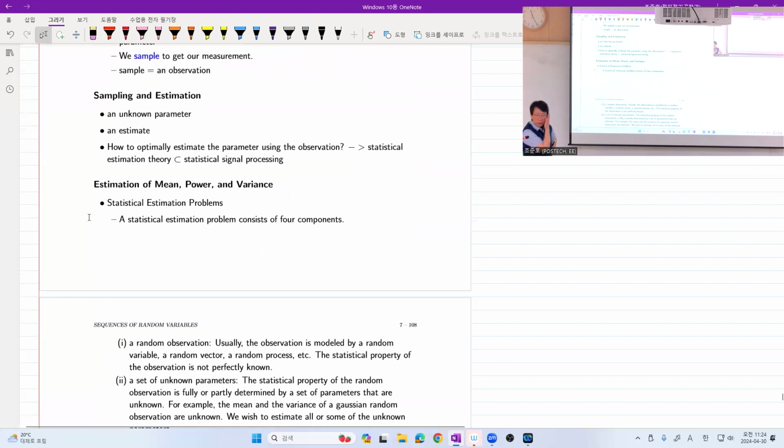Now, then in statistics, why do we sample? As I told you, we want to guess. We want to infer something from the observation. But there are two types of unknown parameters. This is very important. Of course, the details about statistical inference will be covered in other courses like 645, which I taught as the statistical signal processing course.